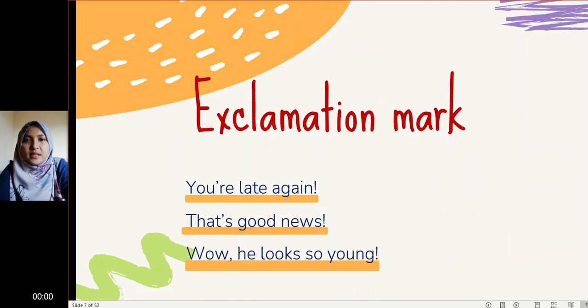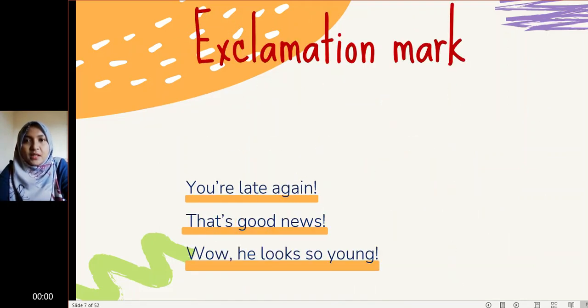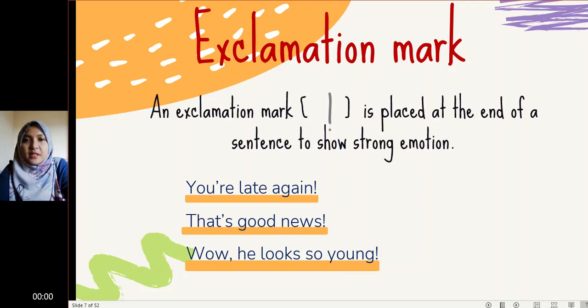Next is the exclamation mark. An exclamation mark is placed at the end of a sentence to show strong emotion. This mark is used to show strong emotion or feeling. Happy, surprise, shock are emotions. To show the emotion, you use the exclamation mark. For example: You're late again!